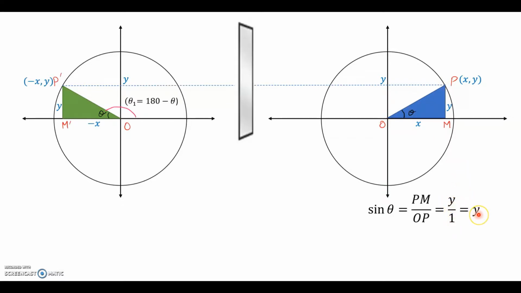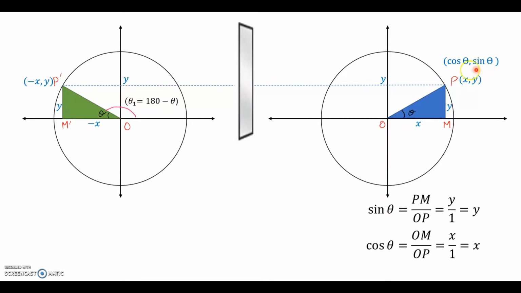So you get y as your sine theta, and your cos theta is adjacent side, which is x over 1. So you get x over 1, which is x. So we can rewrite our coordinates by substituting the value of x and y with cos theta and sine theta. So our new coordinate is cos theta, sine theta.